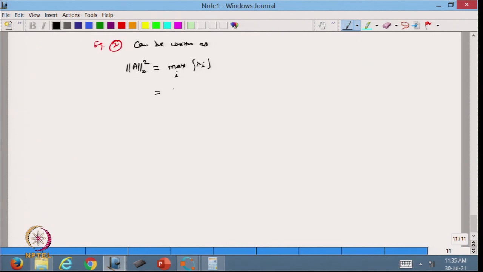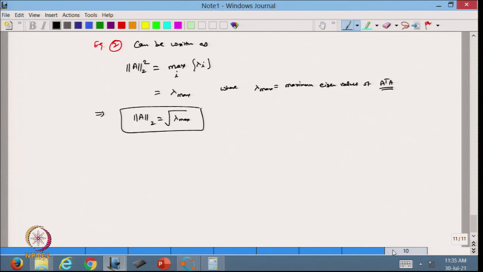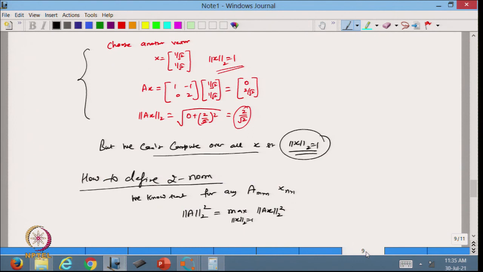So, I write the maximum of lambda i over all i, and from here this is equal to lambda maximum, where lambda maximum is the maximum eigenvalue of A transpose A. And from here I can define the 2 norm as the square root of lambda maximum. So, this way we can define the 2 norm of a given matrix.